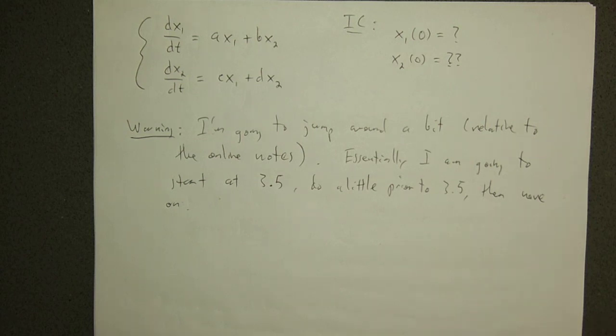Everything prior to 3.5 gives a more general theoretical framework, but as far as a practical step-by-step deterministic process that allows you to solve these things, 3.5 contains that. And so that's where I'm going to start.